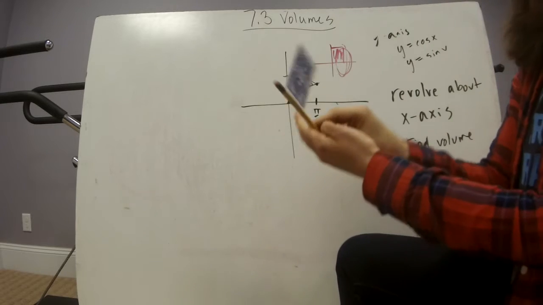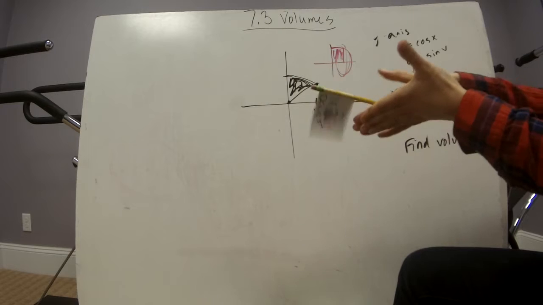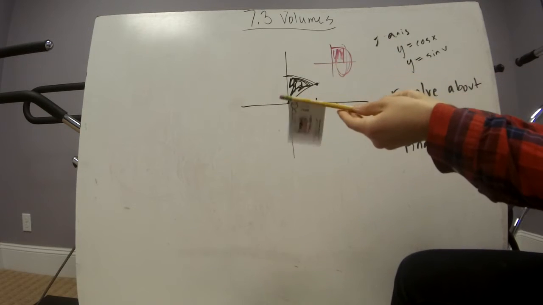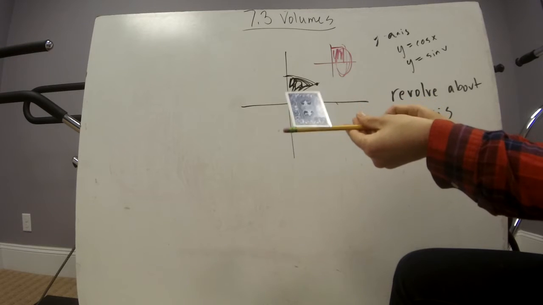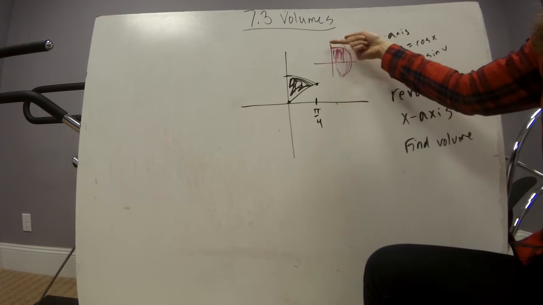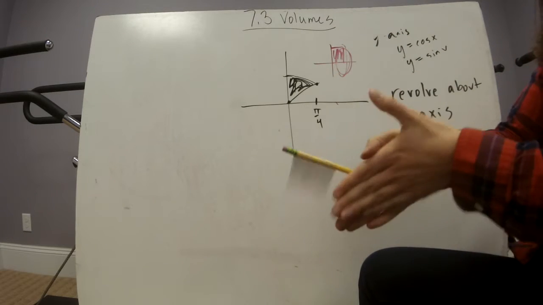So if the x-axis spins, this would sweep out a cylinder in space. This thing would go around and come out of the board and back into the board. So that is what the solid is.